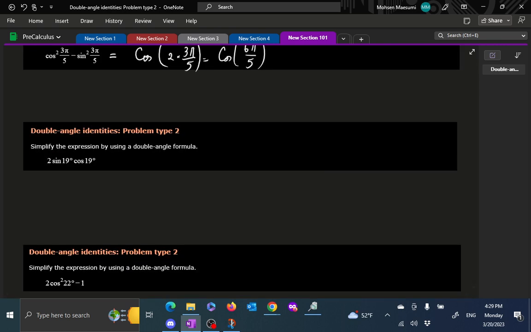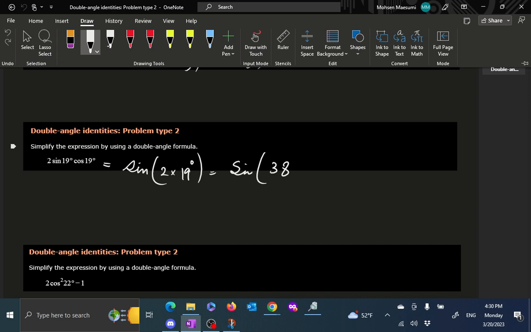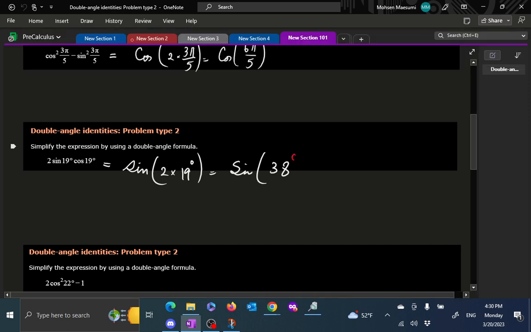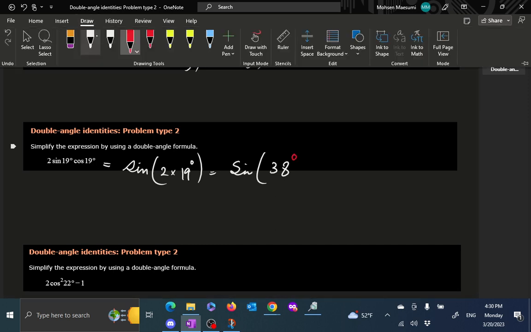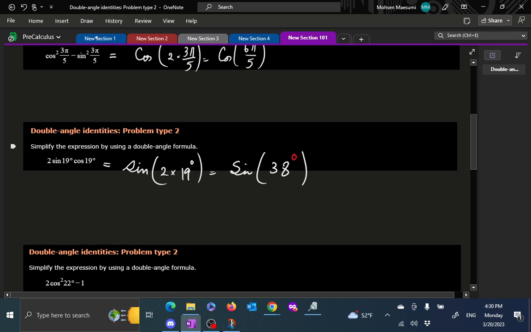So this is equal to sine of double the angle, double of 19, and this is in degrees. So when you are entering your answer there, don't forget that from the palette you have to pick the degree symbol. 38 by itself is not going to be clear as to what it is.